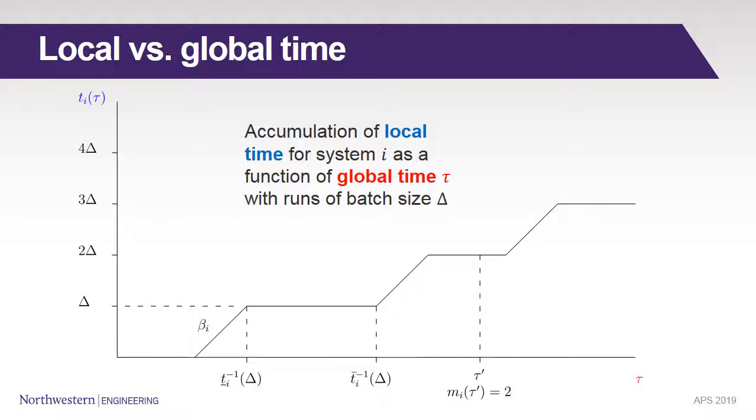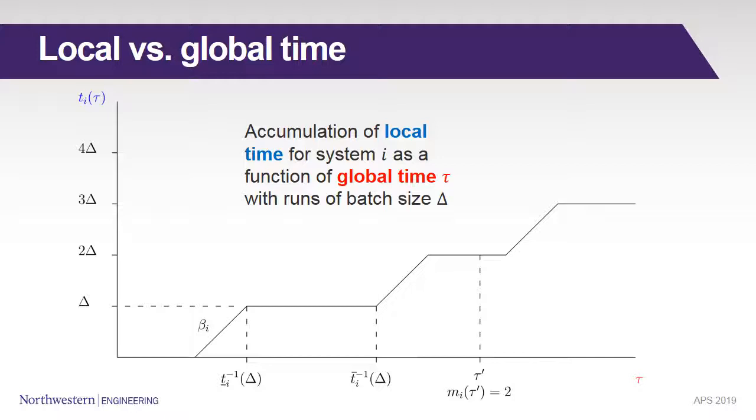This figure illustrates the difference between local time and global time. So on the vertical axis is local time, or the amount of accumulated data for system I, whereas the horizontal axis is computer or wall clock time.